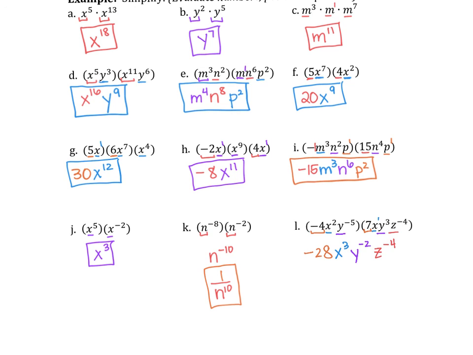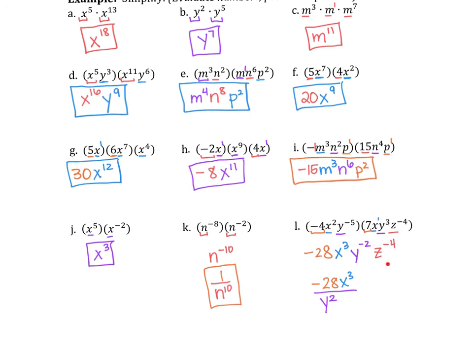Okay, I did the first step correctly. I applied the multiplication property of exponents correctly, but I see some negative exponents, so I'm not done yet. Okay, now the coefficient's fine. The x to the 3rd is fine. It has a positive exponent. Okay, when I get to y to the negative 2, because the y has a negative exponent, remember, I will move the base to the bottom so I can change it to a positive exponent.